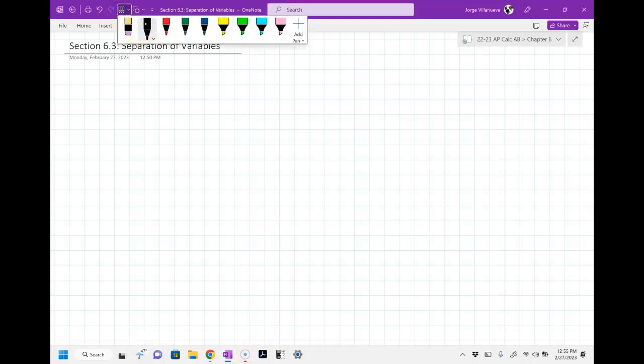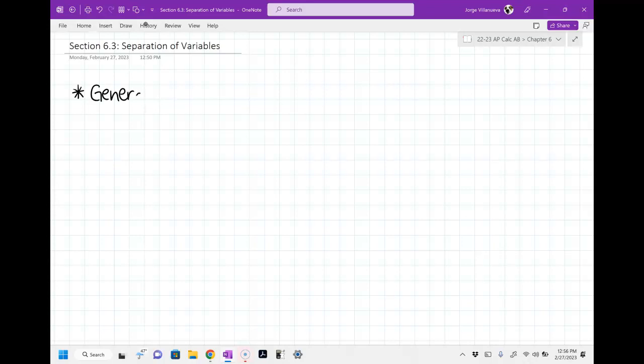All right, so remember, there's two types of answers that you can get whenever you have to do separation of variables. One is called a general solution. A general solution is when you integrate something.